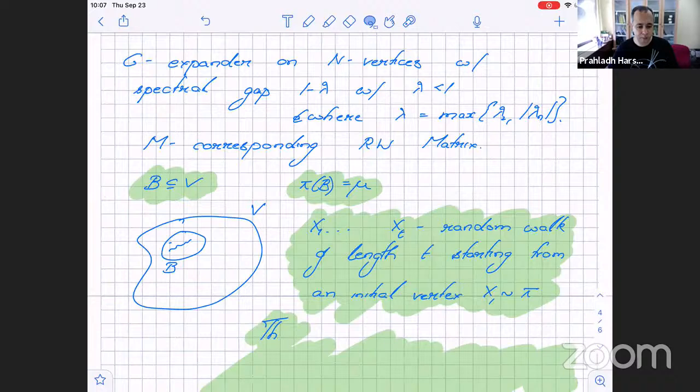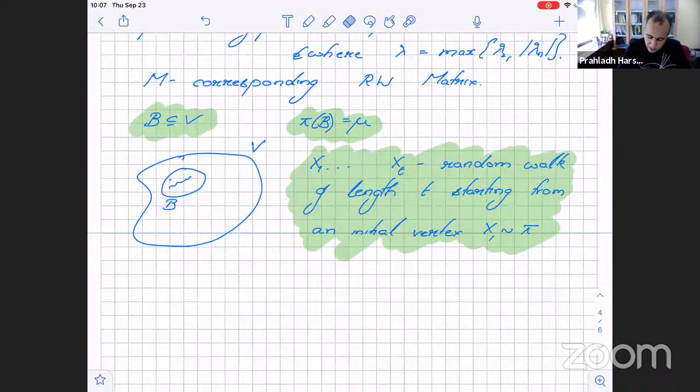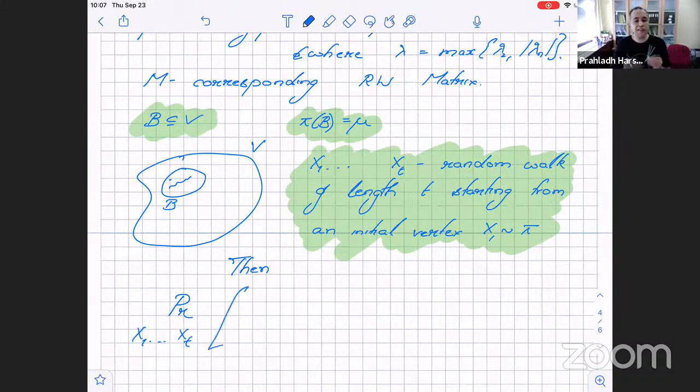But instead of asking whether that walk is completely in the bad set, we'll ask the following probability, once again over the choice of vertices x1 to xt. We'll ask what is the number of times the walk is in the bad set, that is, the number of i in [t] such that xi is in the bad set.